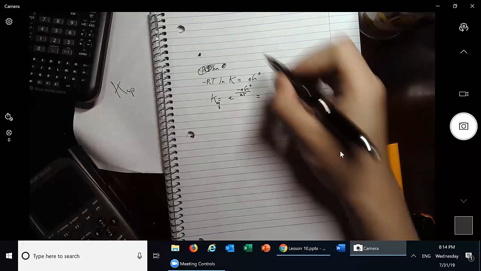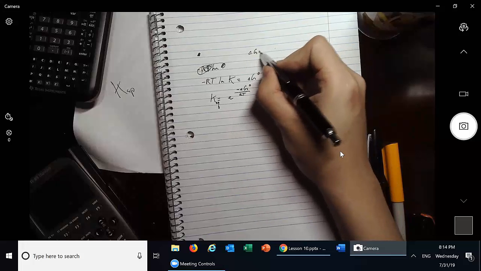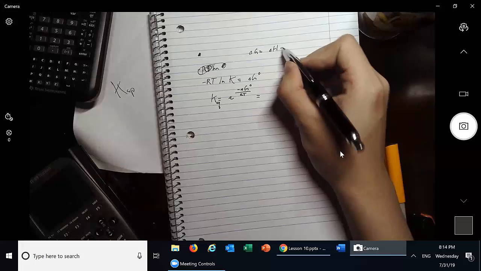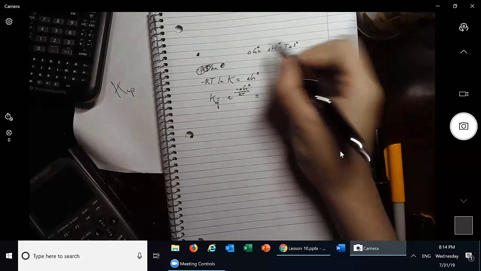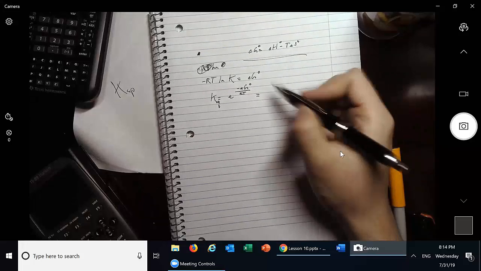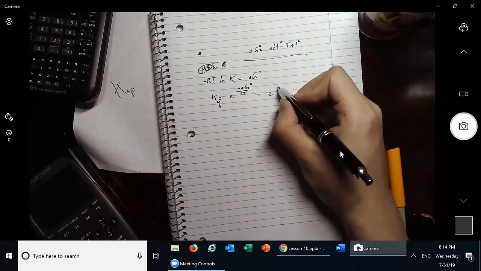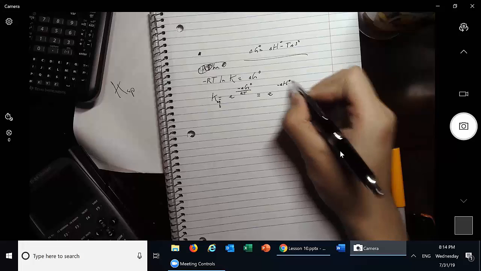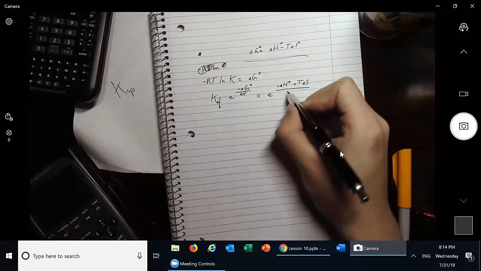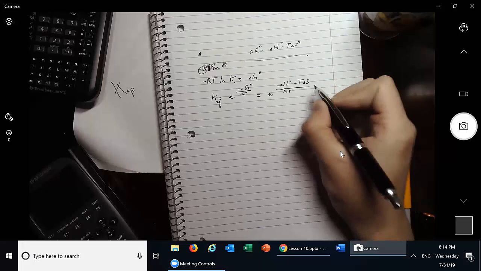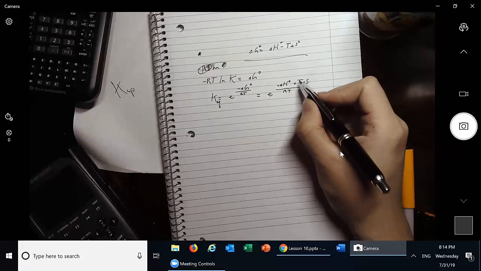And delta G equals delta H minus T delta S, right? So we plug that into here. And then, of course, we can split this.